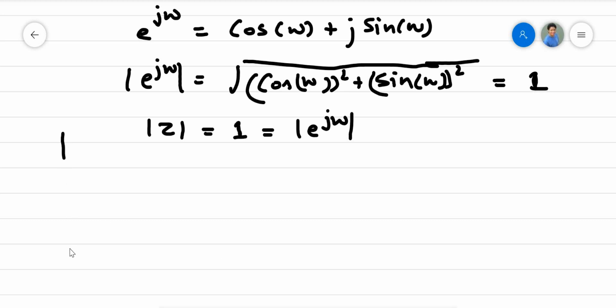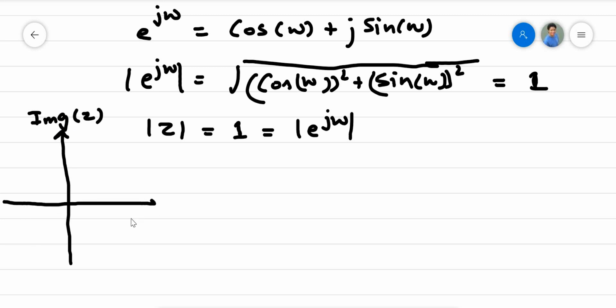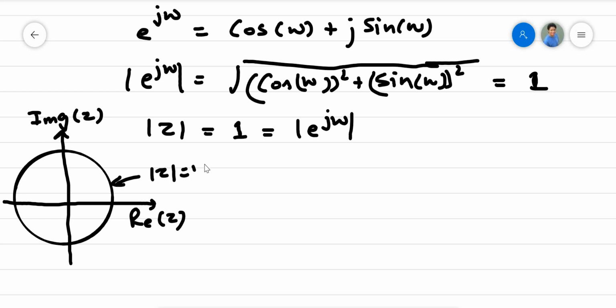Now we know for a Z transform, when we plot the ROC, we look out for the unit circle. We know this unit circle is very important, that is mod z is equal to 1, and that is also equal to e to the power j omega. Now if you see, it is very important. At this particular point, omega is equal to 0.